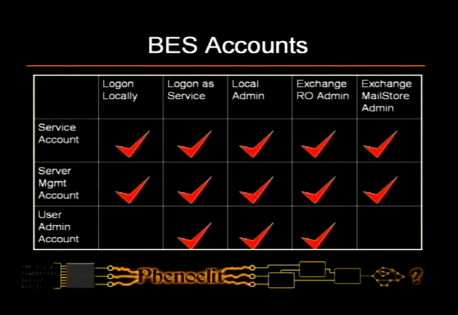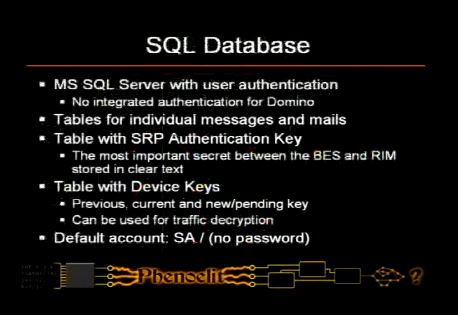So that means if you own this device, you own the entire Exchange server. The manual says that you can put all those 3 accounts into one account. From the check marks, it's fairly obvious why, because they all need lots of privileges.